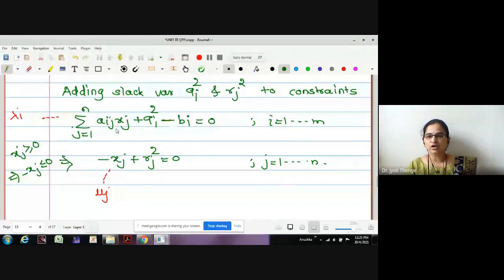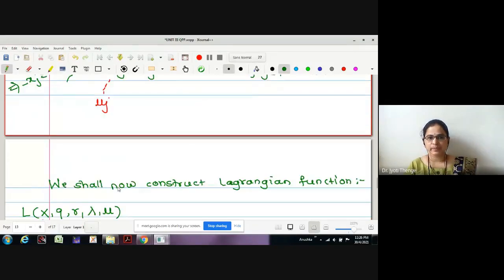There are in all m original constraints, and n constraints for the non-negativity restrictions. To every constraint of the original type we multiply by the Lagrange's multiplier lambda i, and for every constraint of the second type, we use a multiplier mu j.